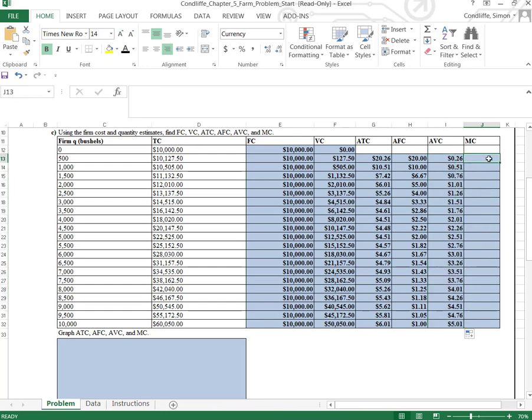And then we've got the marginal cost. So for the marginal cost, we need the change in the total cost divided by the change in the quantity.